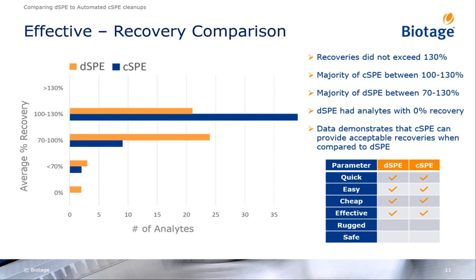And DSPE was the only format that produced results with 0% recovery for 2 analytes. We found that this demonstrated that column-based SPE or CSPE can provide acceptable recoveries when compared to DSPE cleanups.